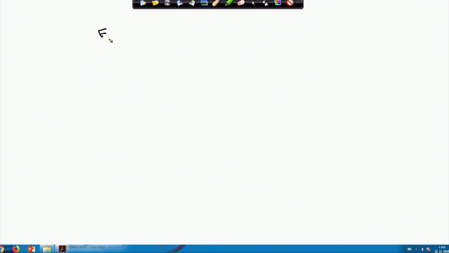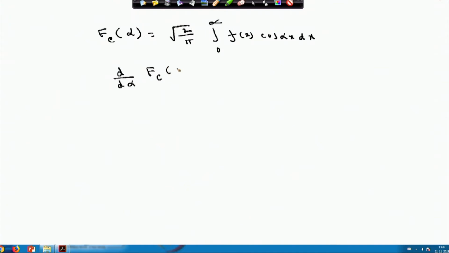I am starting with the Fourier cosine transform of alpha. We know from the definition that the Fourier cosine transform of alpha is root over 2 by pi, integral 0 to infinity f(x) cos(alpha x) dx. Once I have written this, what is d by d alpha of the Fourier cosine transform of alpha?